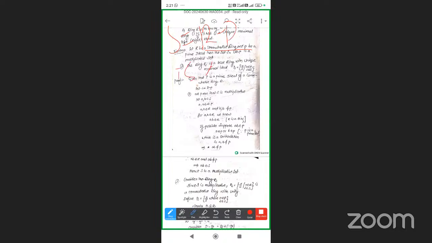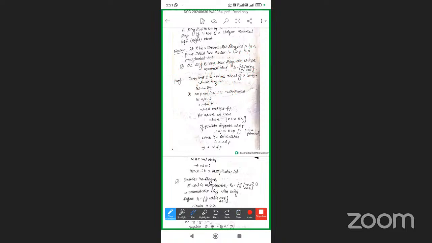The second condition is that the ring RS is a local ring with unique maximal ideal PS, which is equal to the set of a by s such that a belongs to P and s belongs to capital S.